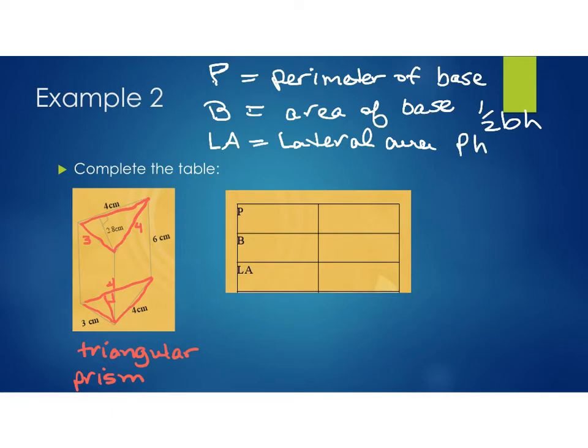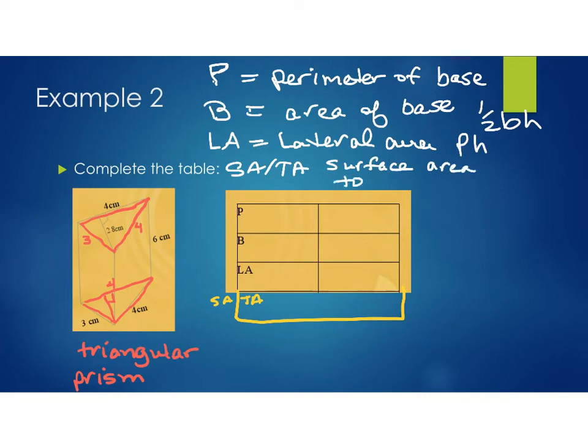And again, I'm going to add another row here. And in here, I'm going to put surface area or total area. SA/TA represents surface area or total area of my triangular prism.